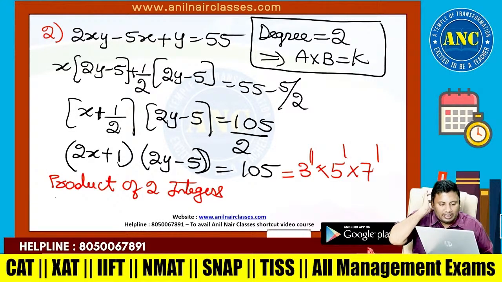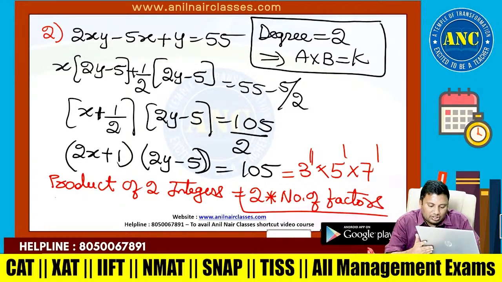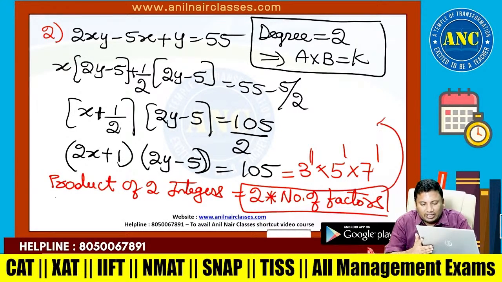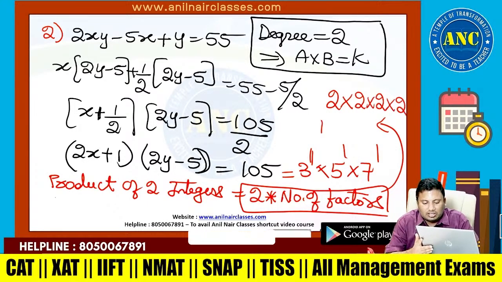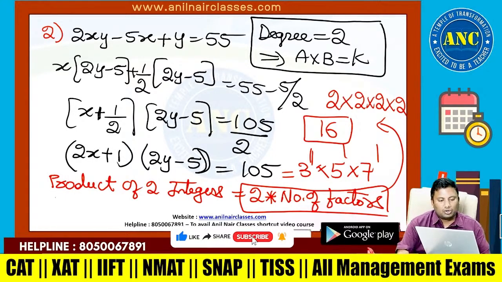It is 2 times the number of factors. 2 times the number of factors is 2 into 2 into 2, 2 cases each. Answer is total 16.